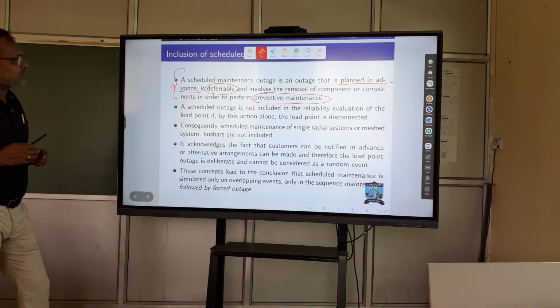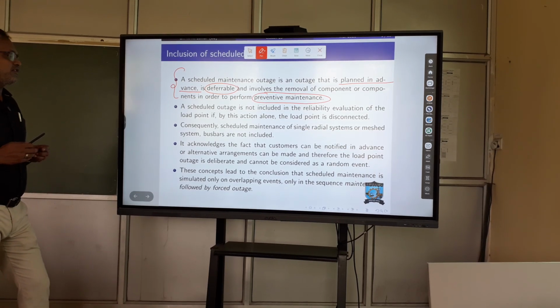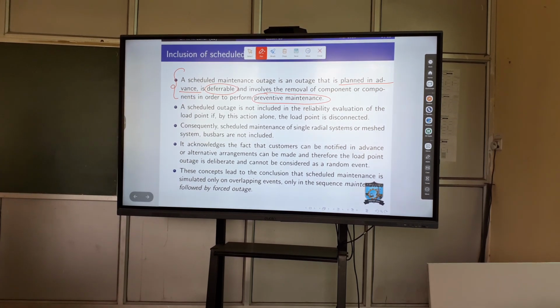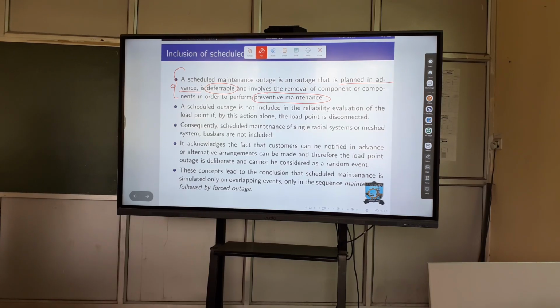The scheduled outage is not included in the reliability evaluation of the load point if by this action alone the load point is disturbed. So we don't consider scheduled outage alone as a cause of unreliability.